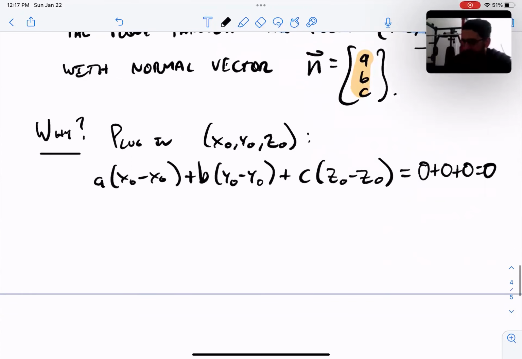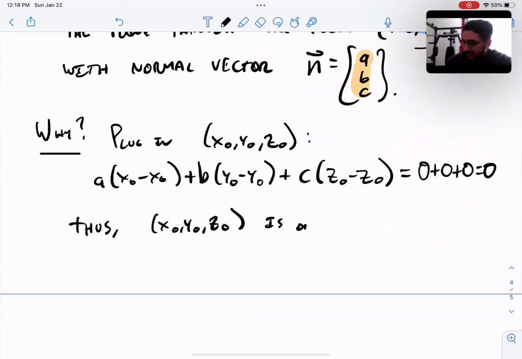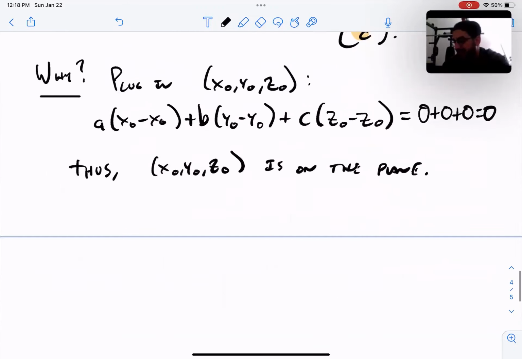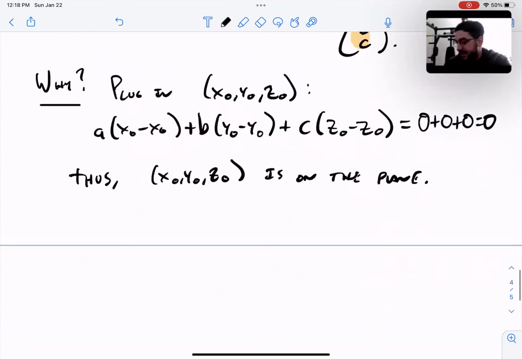So here, we've accomplished this, but it's quite a bit more difficult to show that ABC, those coefficients, is the normal vector to the plane.